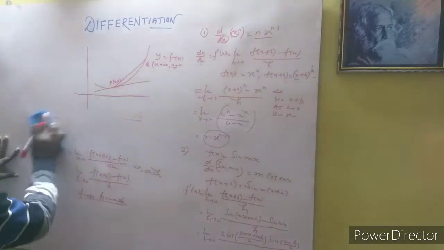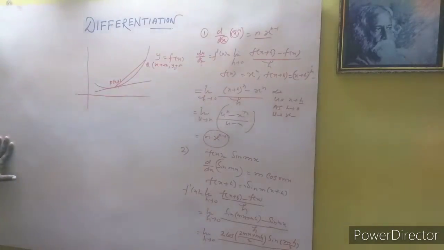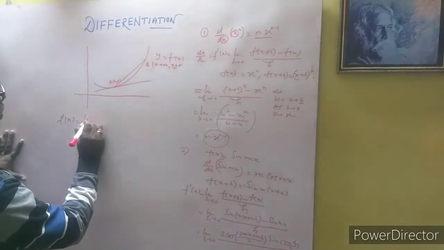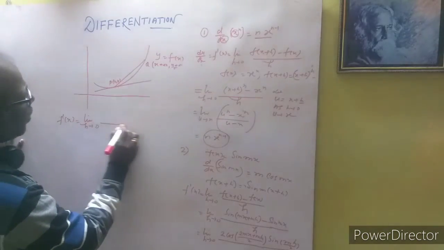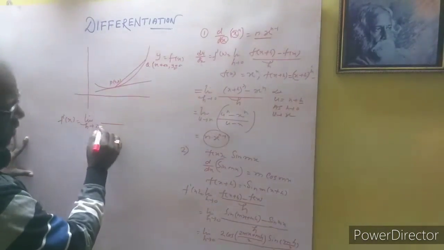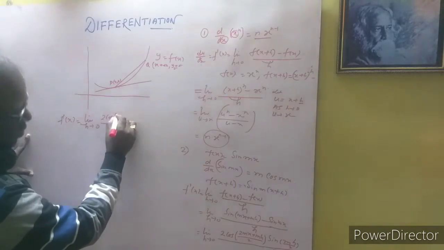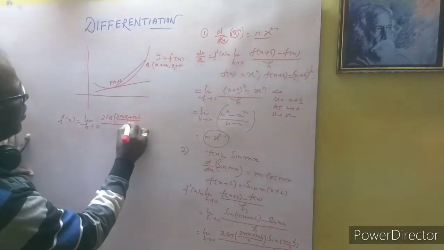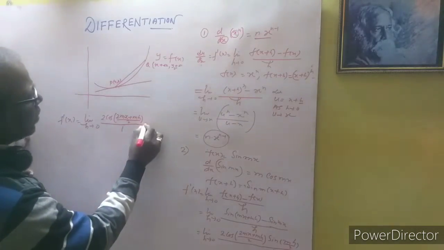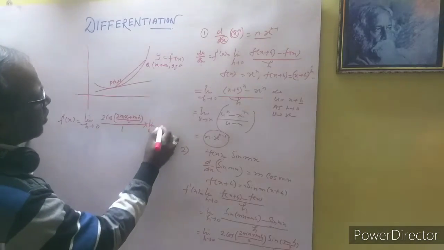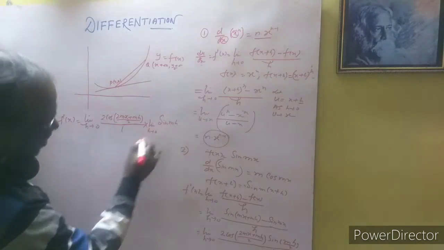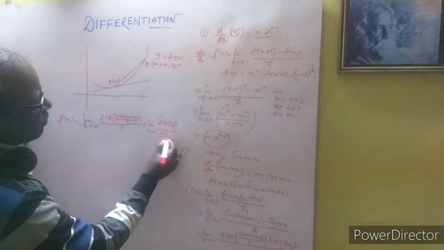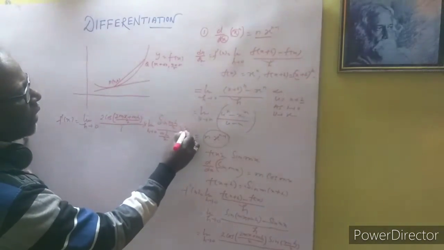Now see, f dash x is equal to limit h tends to 0 of 2 cos of (2mx plus mh) by 2, into limit h tends to 0 of sin(mh by 2) by h, so we multiply and divide by m by 2.